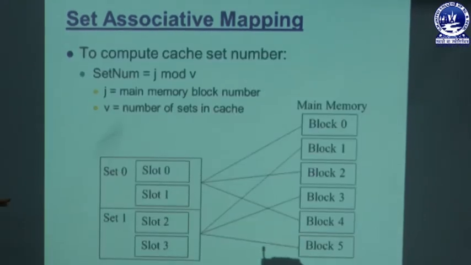This formula is the same as the direct mapping, as I discussed in my previous lecture, and we have also used the associative mapping concept here, as the set contains multiple lines. So you can place a memory block into any cache line, which is the concept of associative mapping. Another concept is that you have to place a block into a specific set, which is the concept of direct mapping. That's why set associative mapping is a combination of direct mapping and associative mapping techniques.